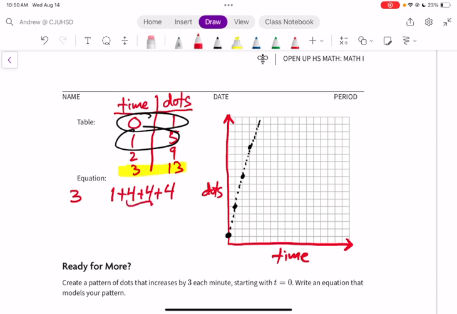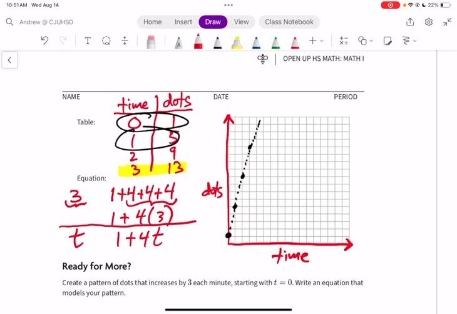This number of 4s matches this number here. So we've done 1 plus 4, 3 times. Now, all we need to do to create an equation is use the letter t. And instead of writing 3, write t. So it's 1 plus 4t. There's our expression.